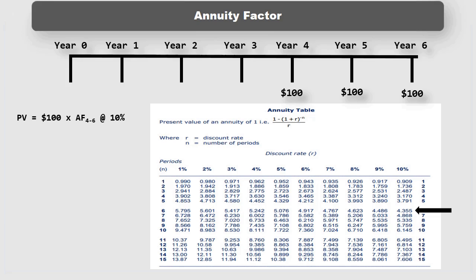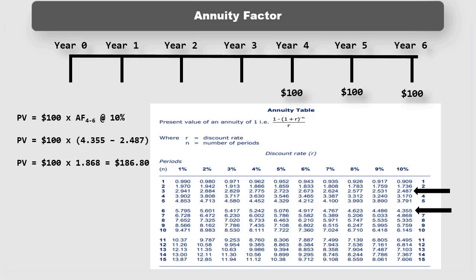This is 4.355. But we don't need the first 3 years. So, if we deduct the 3-year annuity factor, which is 2.487 for years 1 to 3, from the 6-year annuity factor, which is 4.355 for years 1 to 6, that leaves us with 4.355 minus 2.487 equals 1.868 for years 4 to 6.